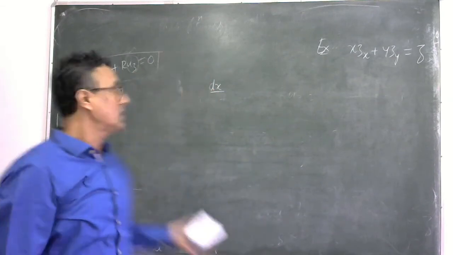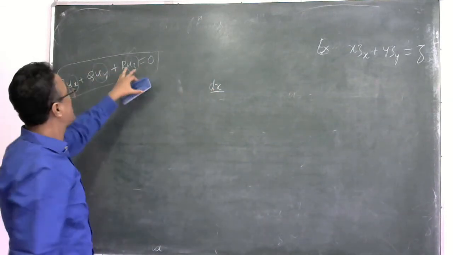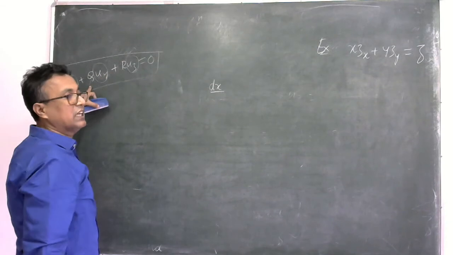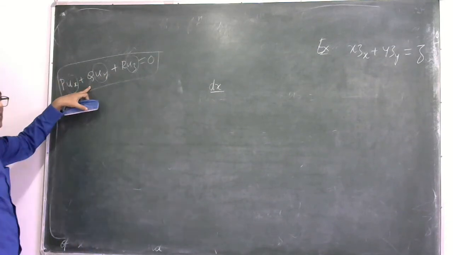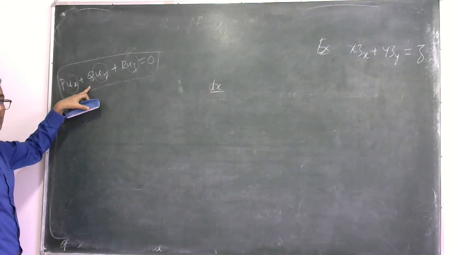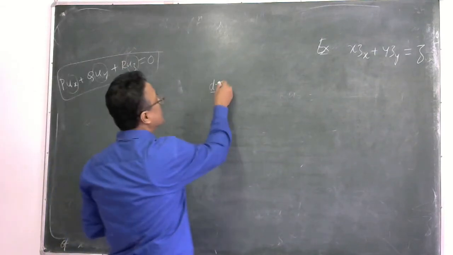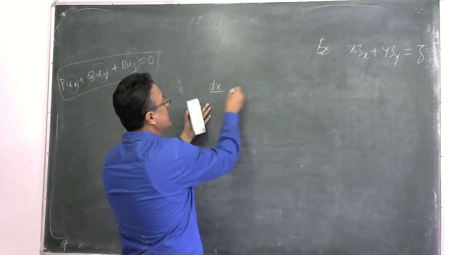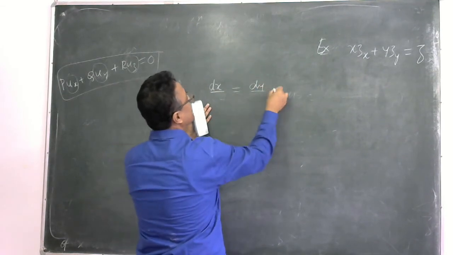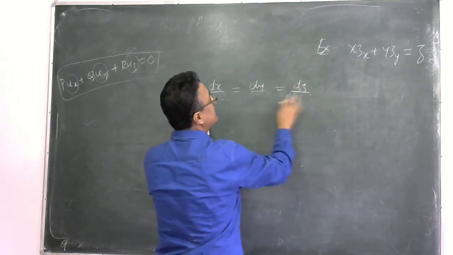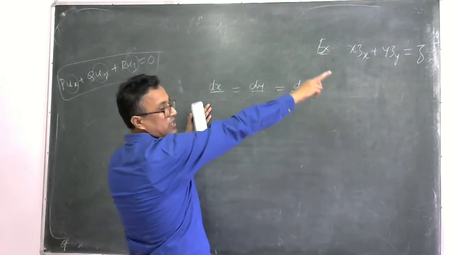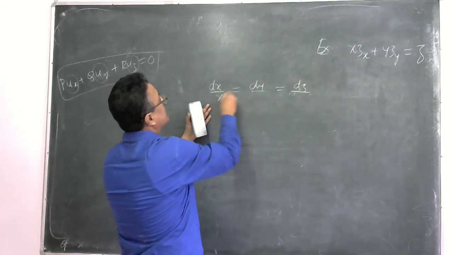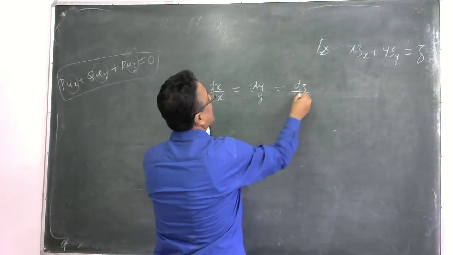Because if you want to find out an integral surface from this equation, you simply solve dx by p equal to dy by q equal to dz by r. I already have p, q, r here. P is x, q is y, r is z.